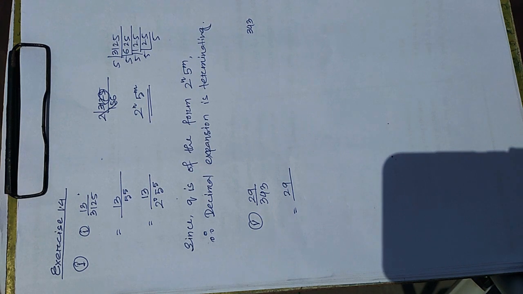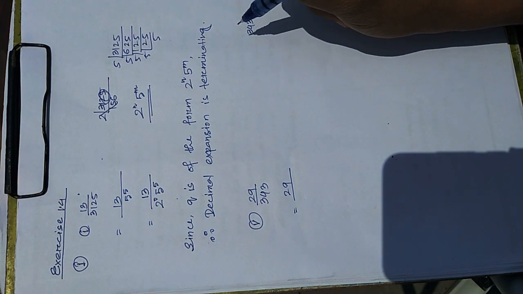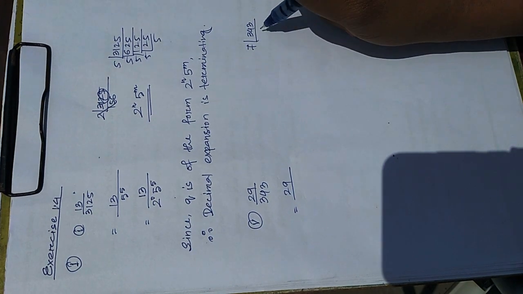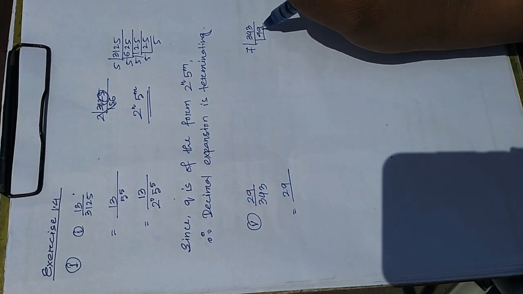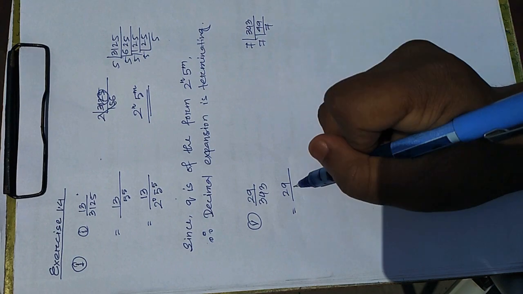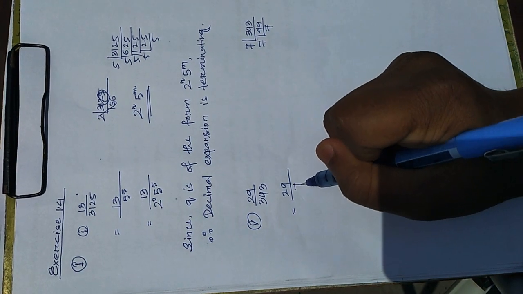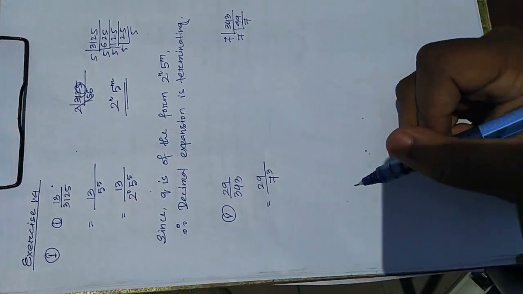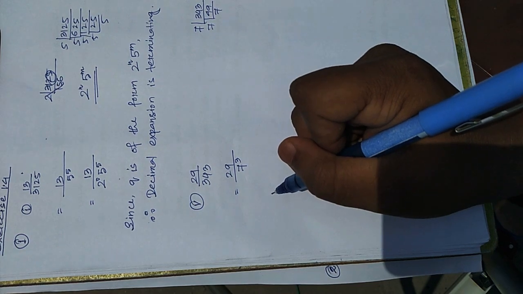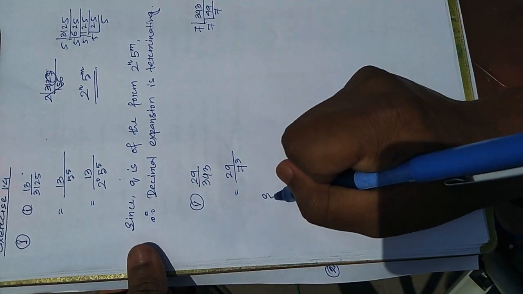Maybe divisible by 7. 343 by 7. Yes, we can divide 343 by 7. 49, and 7 7s are 49. That means 343 can be written as 7 cube, which is not of the form 2 to the power n, 5 to the power m.